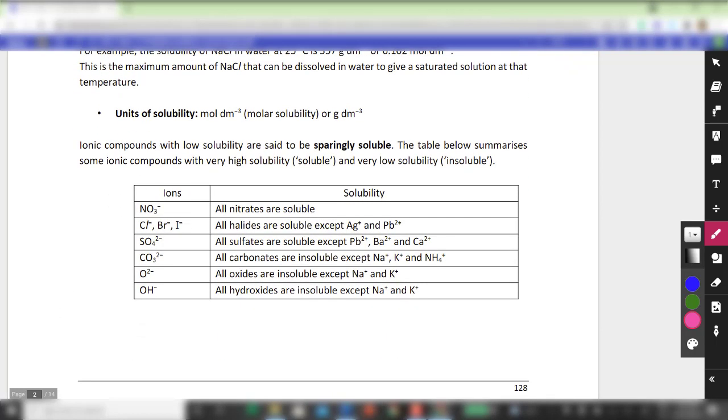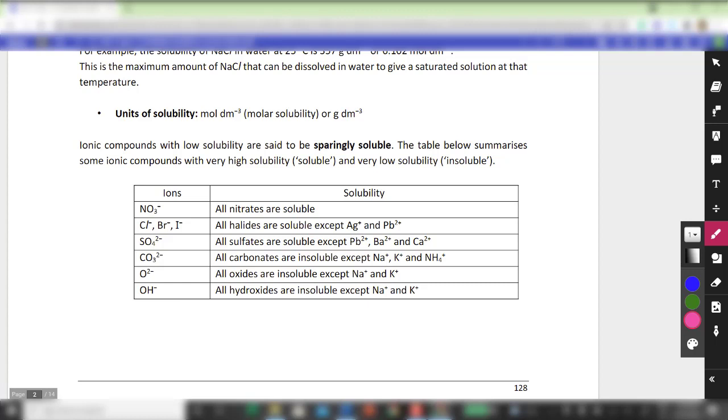In particular, for the topic on solubility equilibrium, we are focusing our attention on ionic compounds. Ionic compounds with low solubility are said to be sparingly soluble. Usually with solubility products, we are concerned with salts that are sparingly soluble, or what we traditionally term insoluble salts.